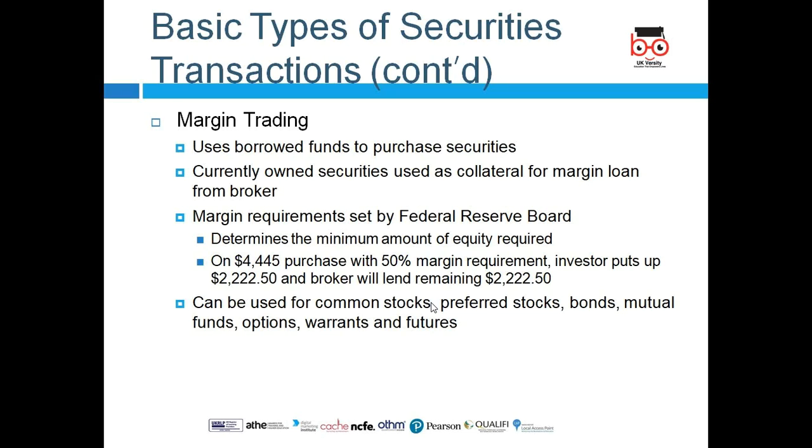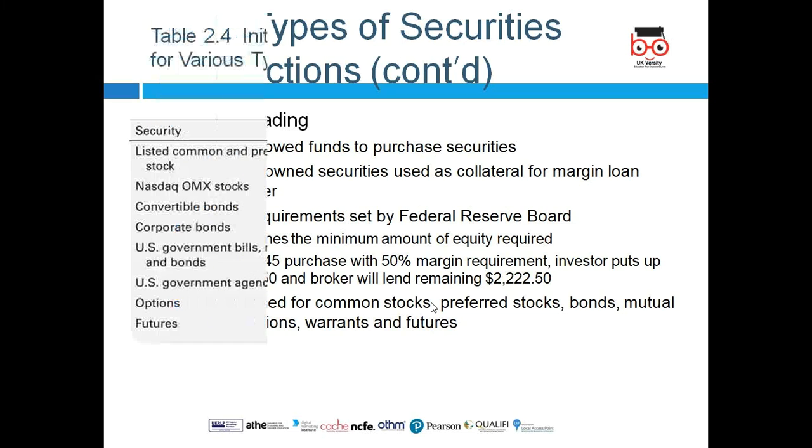What about, can we use one security to buy other securities? Yes, we can. It depends on the margin requirement set by the Federal Reserve Board, like in America, which determines the minimum. We have the Securities Exchange Commission, the SEC, to regulate these. On a purchase with a 50% margin requirement, the investor puts up half and the broker lends the remainder.